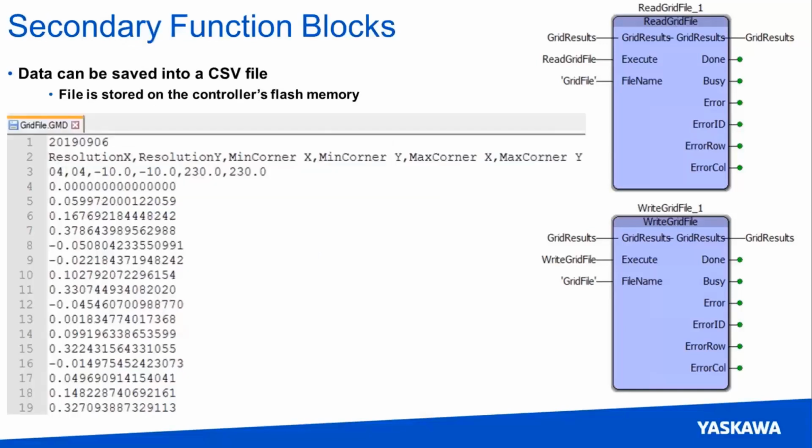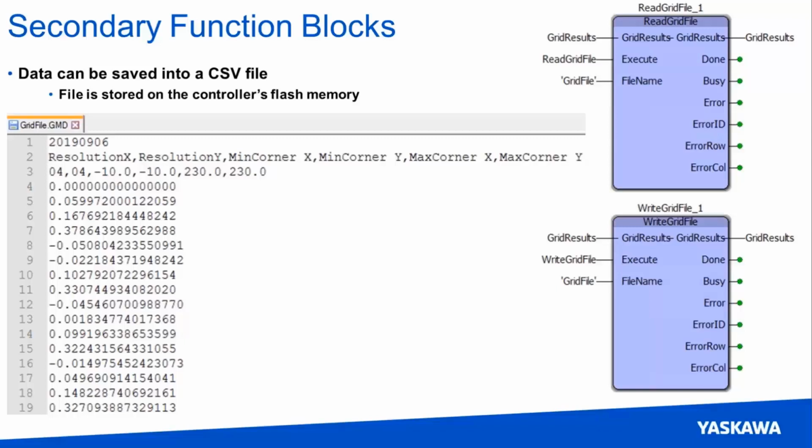If you do go the route of saving the data into a CSV file, here's an example of what you'll get. The biggest reason you'd want to save a file is if you're changing between data sets, or you are having to cold start your machine, which means you lost your retained data in the grid result, or you're just using a different controller, some other situation where you are unable to access the retained data and you've lost it.